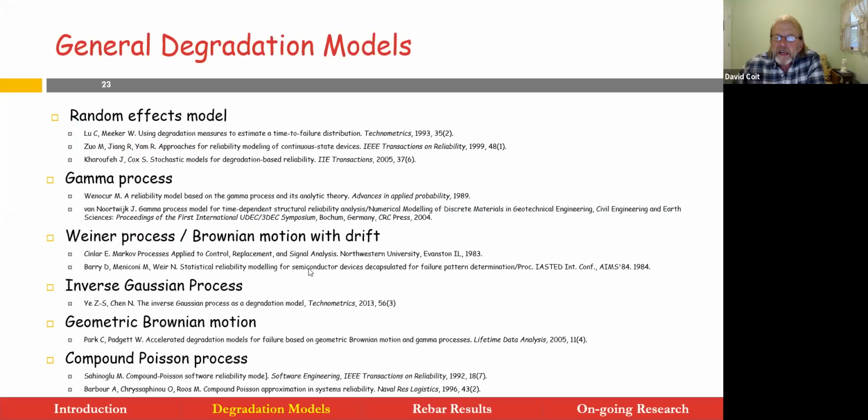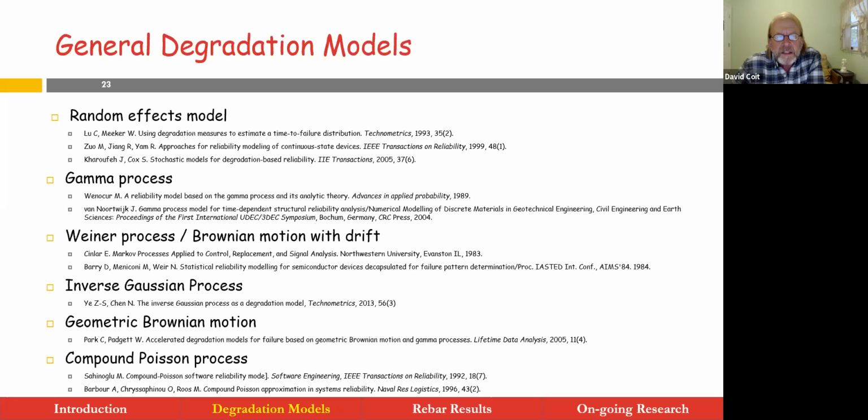So he's formalized this degradation modeling, and there's been now a lot of work, and I'm going to apply some of these models to the rebar. Meeker's original model we refer to now as a random effects model. It's actually pretty simple. We fit some sort of regression line or some other relationship, maybe nonlinear regression, to the degradation data, but then the parameters in the model, at least some of them, are random variables. There's a gamma process, in which between any two points in time, the change in degradation is a gamma distribution.